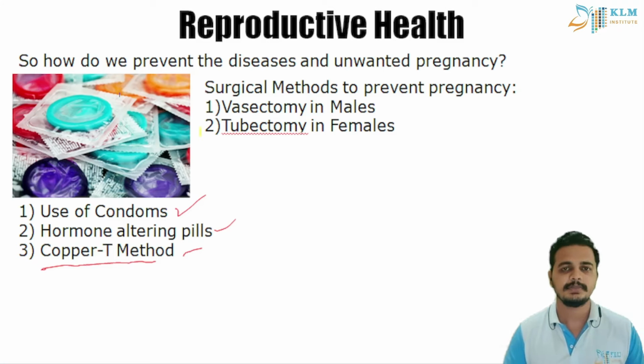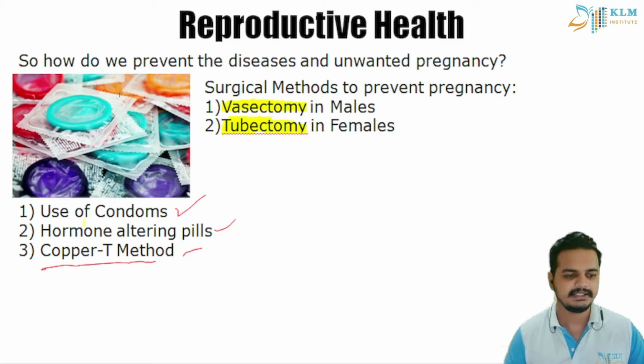Some of the permanent methods, after you decide not to have babies at all, are vasectomy and tubectomy, two surgical methods that can prevent you from having a baby.